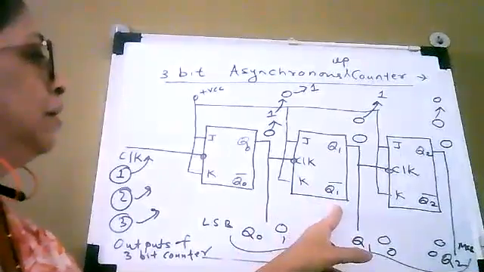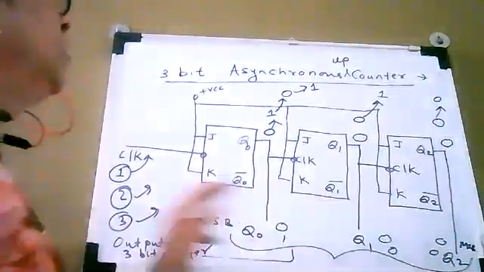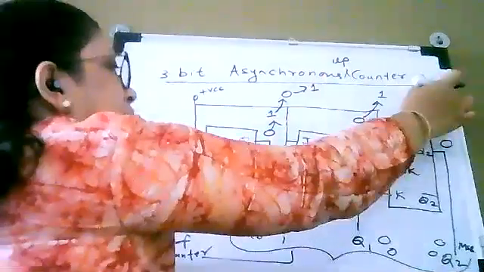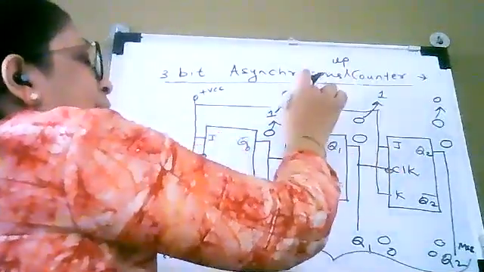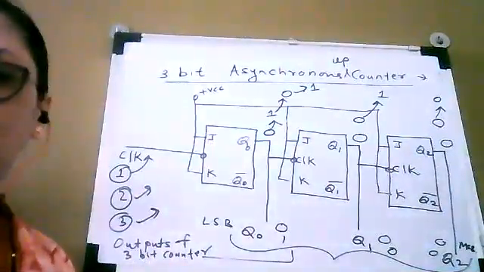So the state of flip-flop number 2 and flip-flop number 3 will remain the same. So what you are getting at the output is 0, 1, 1, where this is LSB and this is MSB. So 0, 1, 1 means this is the fourth count.